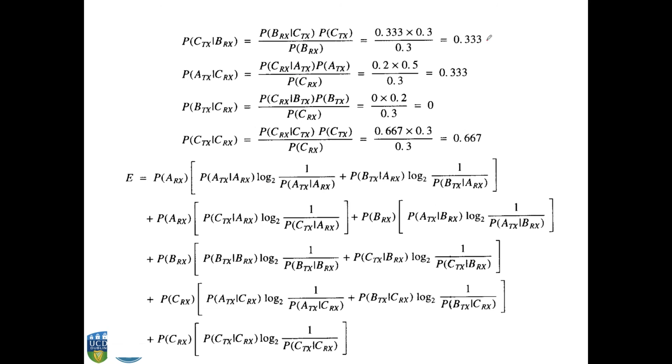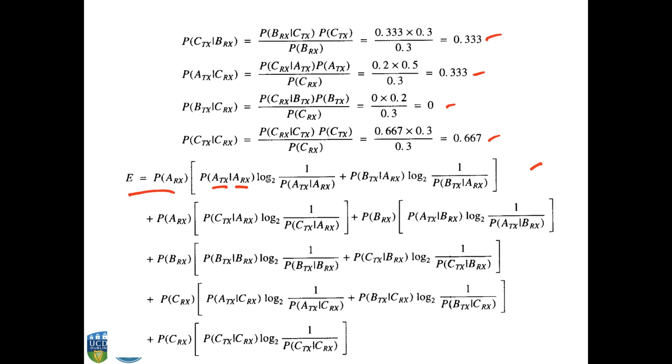If you are done with calculating all these values, then you can just apply the expression of equivocation like this, from the definition of equivocation, and in that definition you can see you have two terms. One is that given A received, what was the probability of A transmitted.